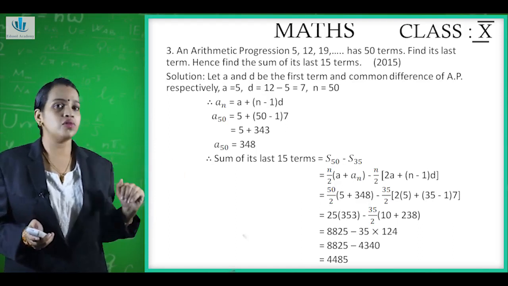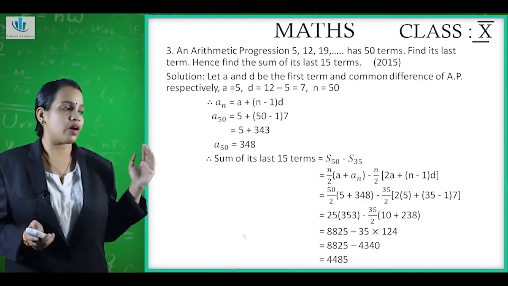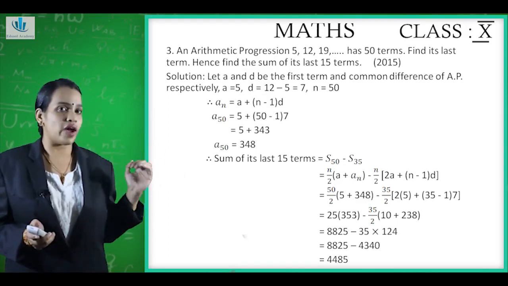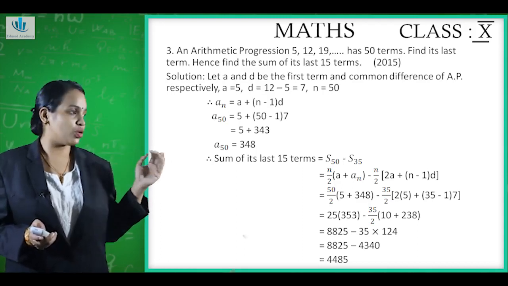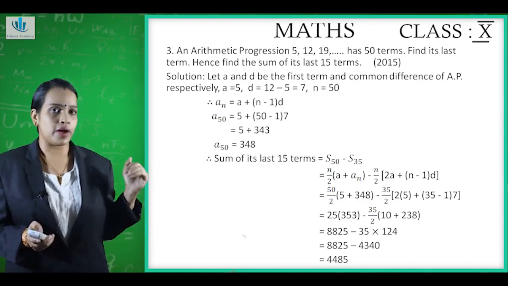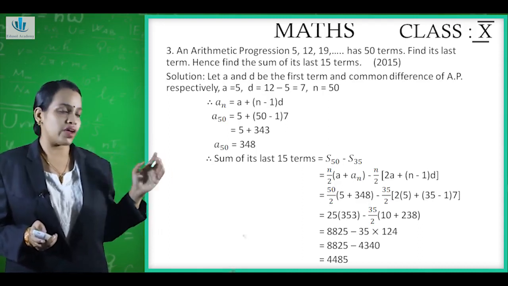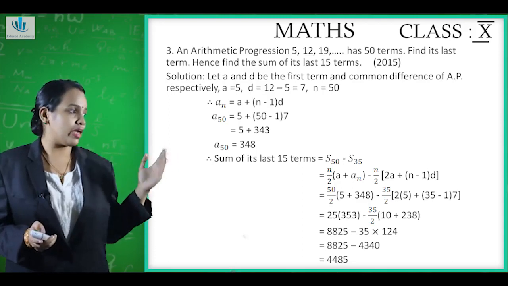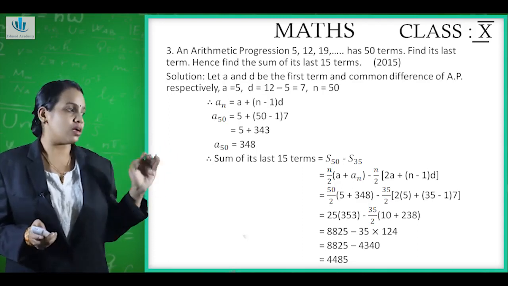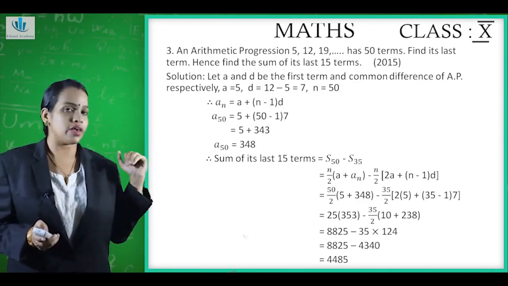Now we put the values: 50 upon 2, A is 5 plus AN, we have already found that A50 is equal to 358, minus, here the value of N is 35, 35 upon 2 into (2 into A, the value is 5, plus 35 minus 1 into 7).